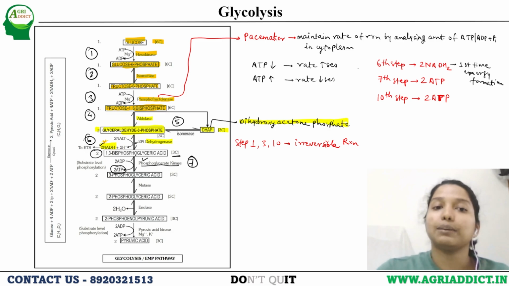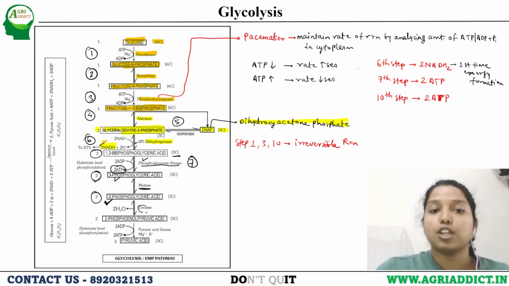Now this 1,3-bisphosphoglyceric acid will get converted into 3-phosphoglyceric acid, two molecules of 3-phosphoglyceric acid, and this 3-phosphoglyceric acid in presence of mutase enzyme will form 2-phosphoglyceric acid. Here also the two molecules will be there.